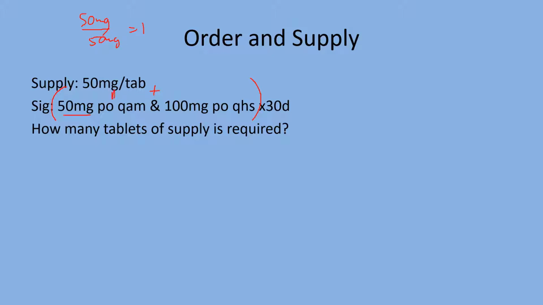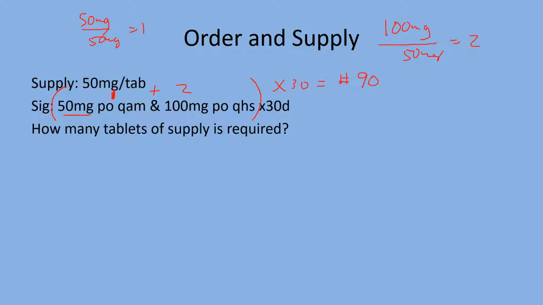But at night, how many tablets are we going to take? The order is 100. Supply is still 50. So at night, it's going to be 2. So what's 1 plus 2? 3. For 30 days. So how many would they need? 90. Right. 1 plus 2 is 3, 3 times 30. Yeah, there you go. So don't short them.